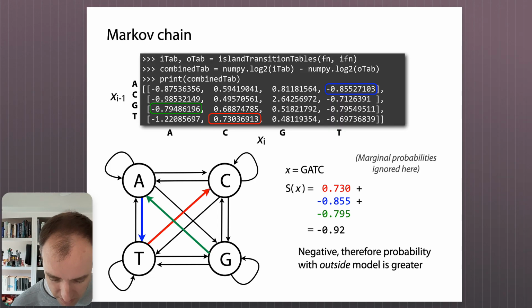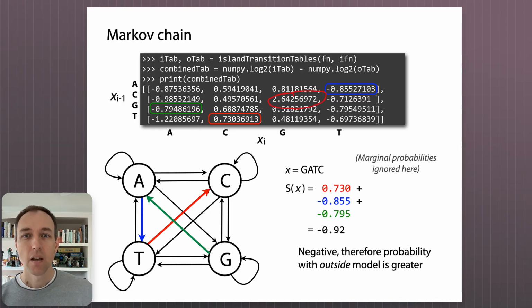In this case, what we see is an unusually high number here. That, again, is the probability of G given C. So that's the log ratio of the probability of G given C in the inside model versus the outside model. And it's positive, 2.6 something. Of all the numbers in this table, this one has the highest magnitude and it's positive.